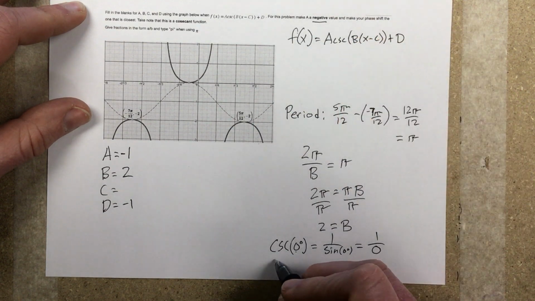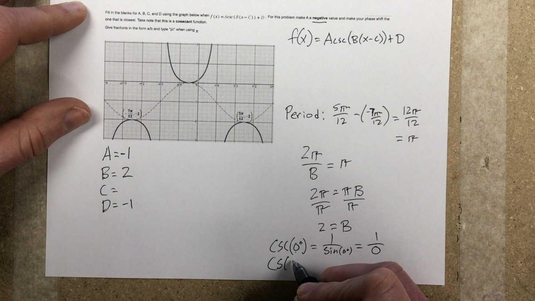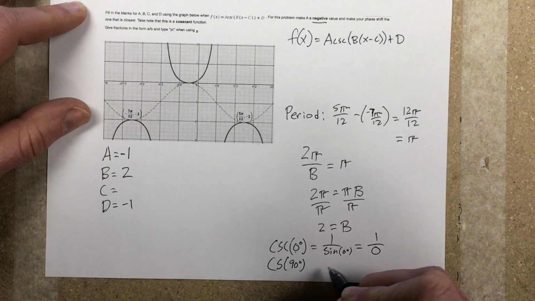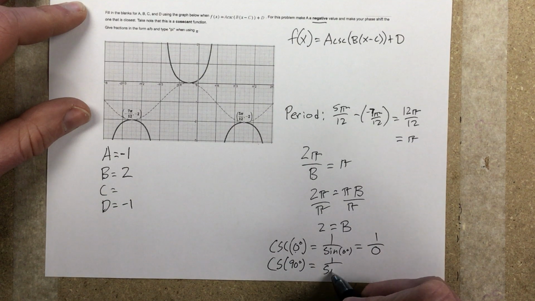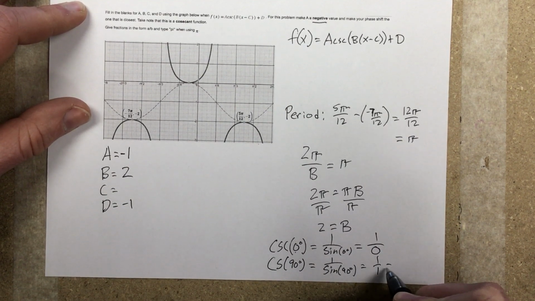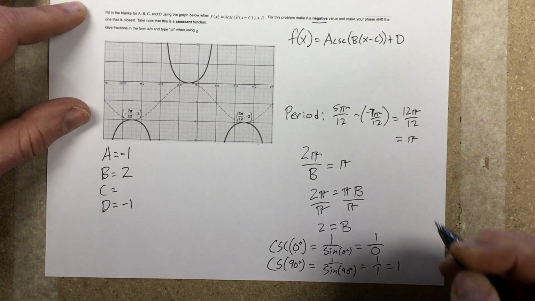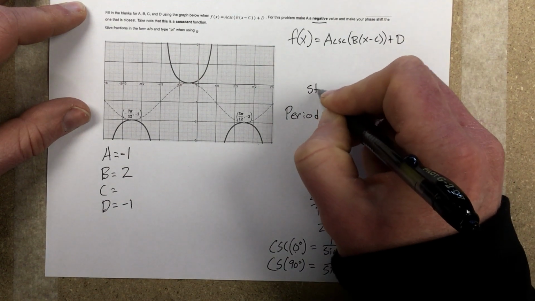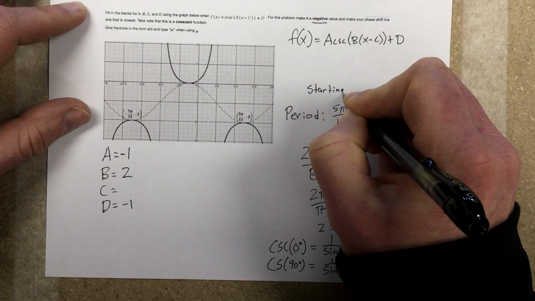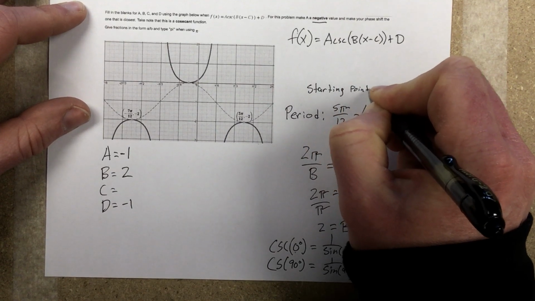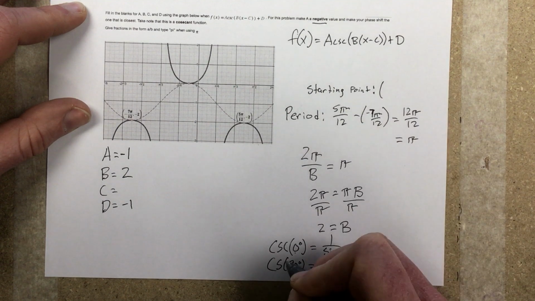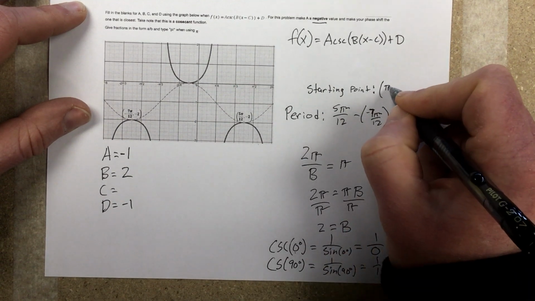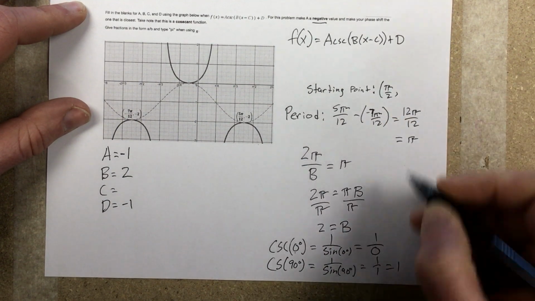Let's go ahead and do now cosecant of 90 degrees. Cosecant of 90 degrees would be 1 over sine 90, which is 1 over 1, which is 1. So we're going to say that our starting point for cosecant is pi over 2, which is 90 degrees, comma 1.